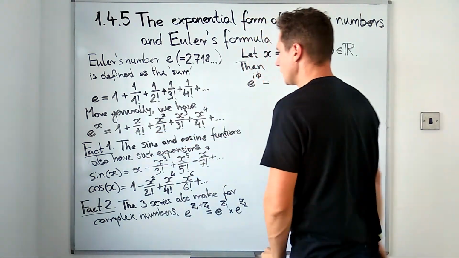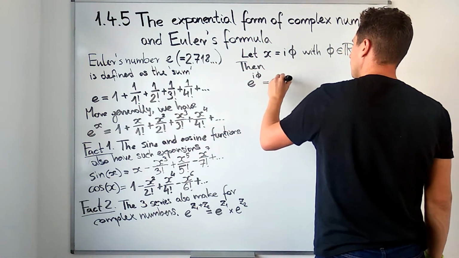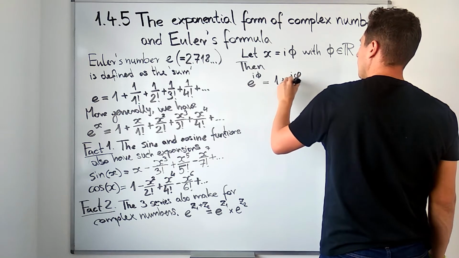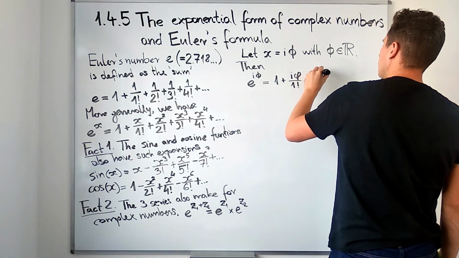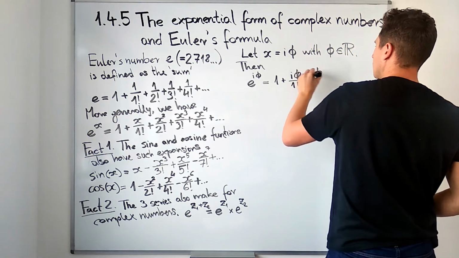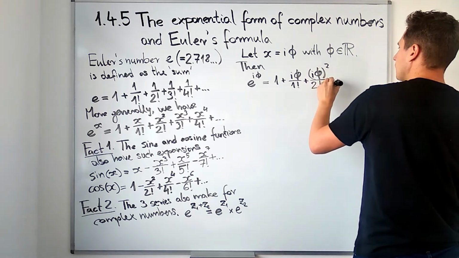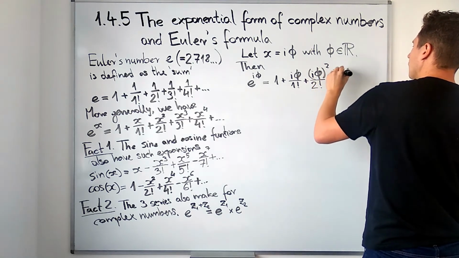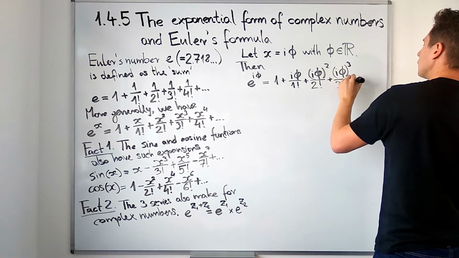Let's start by going through this expansion. We have 1 plus i times phi divided by 1 factorial plus (i phi) squared divided by 2 factorial, and so on. So we have powers of i times phi divided by the factorials.